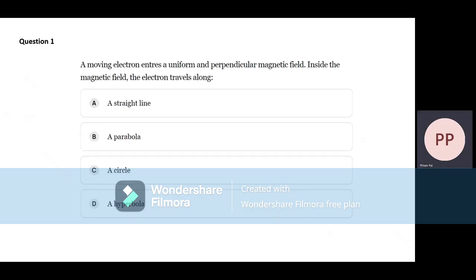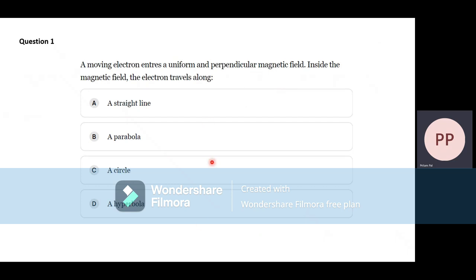So first question is: if a moving electron enters a uniform and perpendicular magnetic field, inside the magnetic field, how will the electron travel? I mean, which trajectory should the electron follow? This is the given condition, a uniform and perpendicular magnetic field.